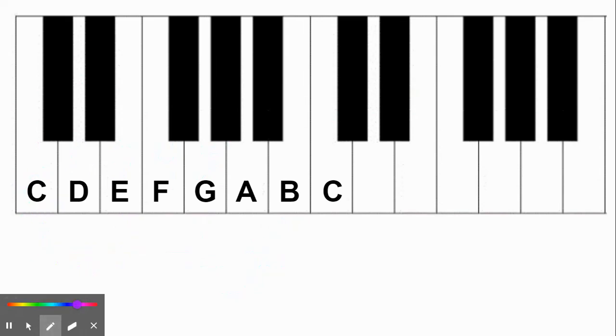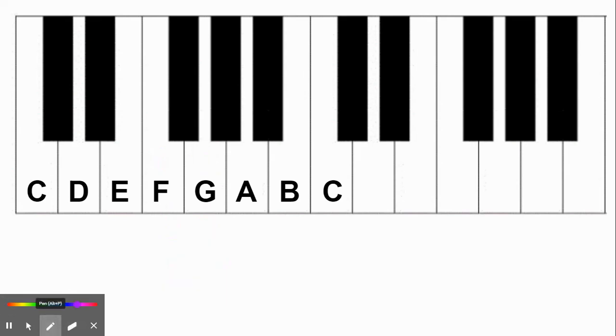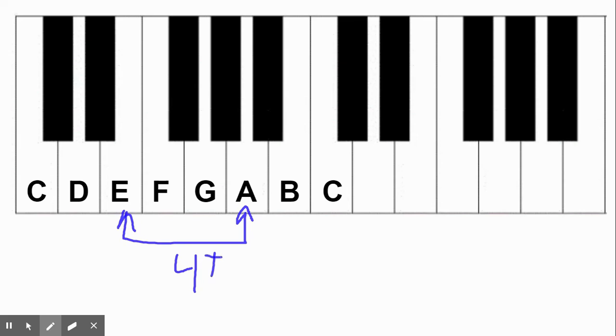If I start on F and go to G, 1, 2, that interval is a second. If I go from E to A, that interval is a fourth.